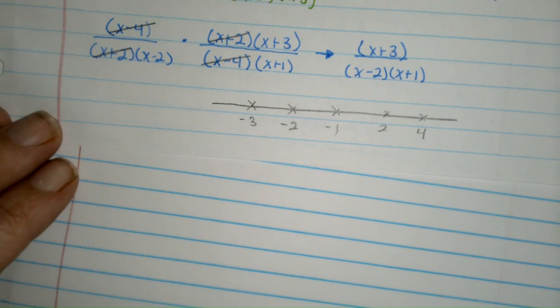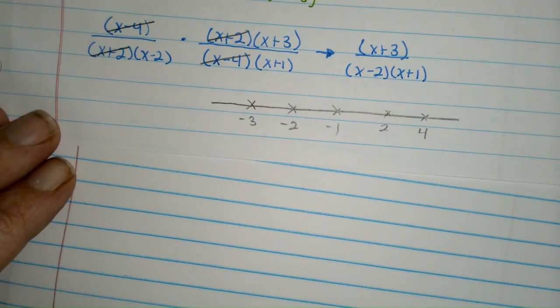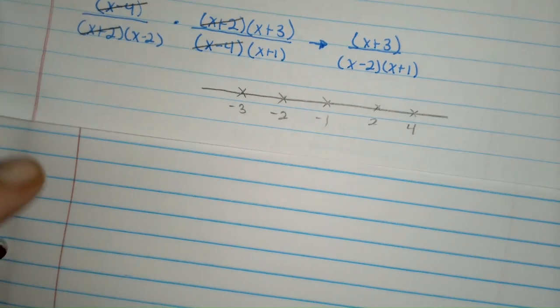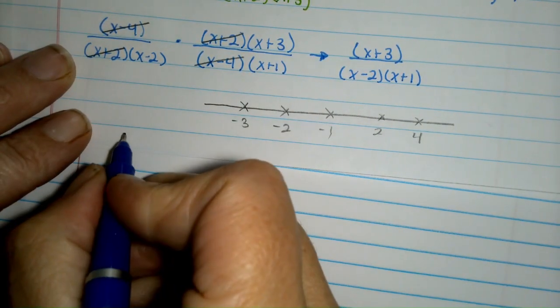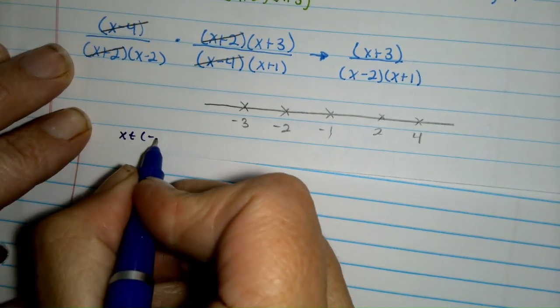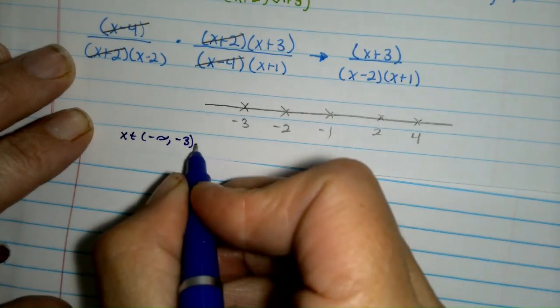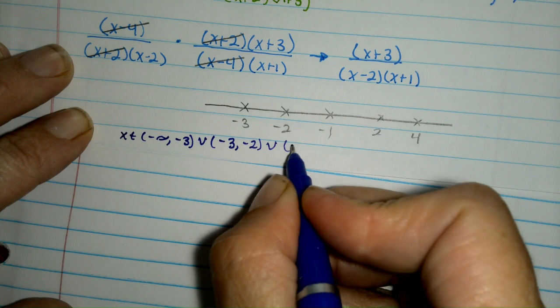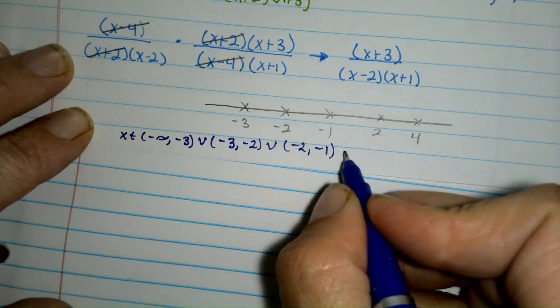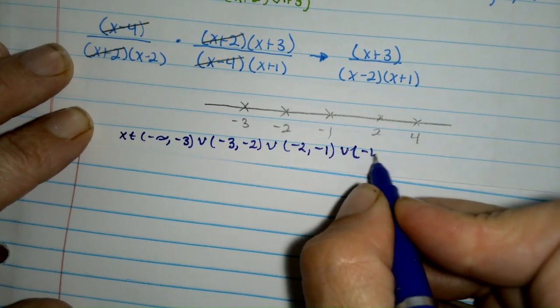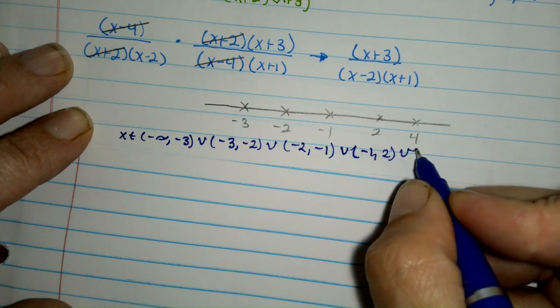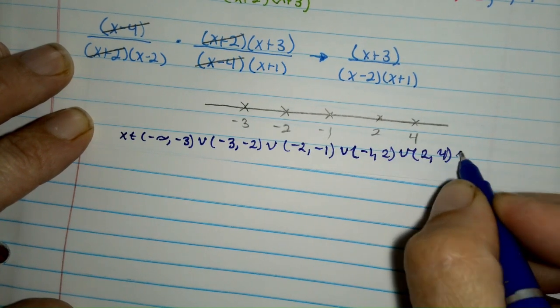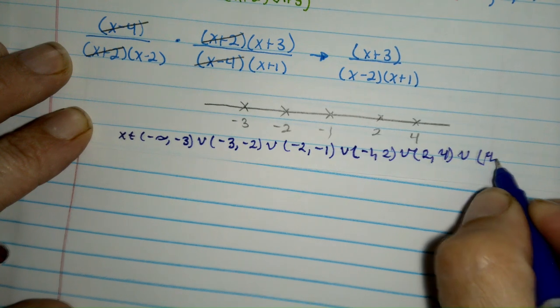So this really is a very long domain to write, but if you truly had to write it, we would go from negative infinity to negative 3, or negative 3 to negative 2, or negative 2 to negative 1, or negative 1 to positive 2, or positive 2 to positive 4, or positive 4 to infinity.